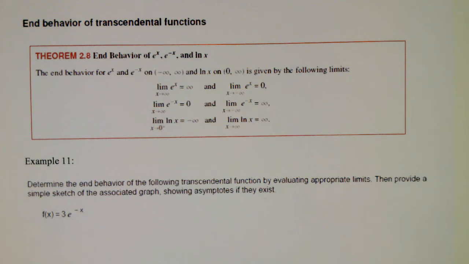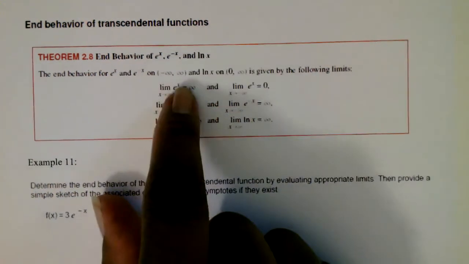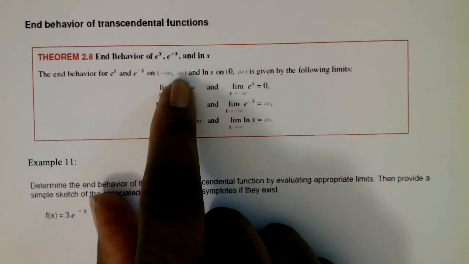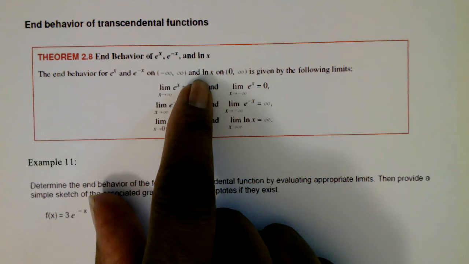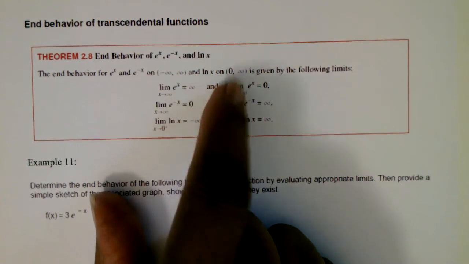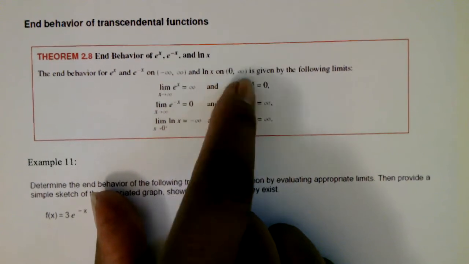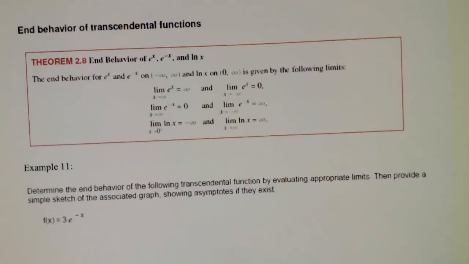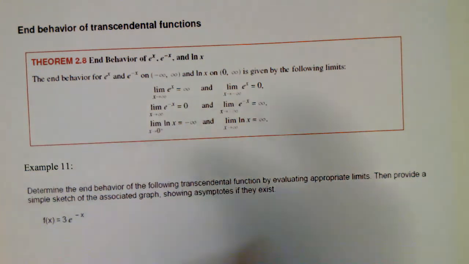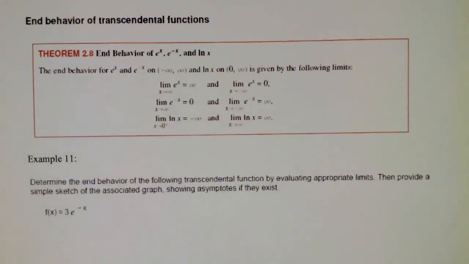The end behavior for e to the x and e to the negative x is on this interval, negative infinity to infinity, and for ln of x on only this restricted interval from 0 to infinity. And we don't include 0, so it's an open interval here.